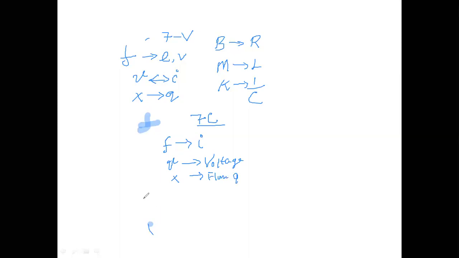Understood? For the frictional coefficient or dashpot element B, it should be replaced with 1 by R. For stiffness constant K, you can use 1 by L. If you remember these things, you can easily find the corresponding analogous electrical system in the case of force current and force voltage analogy.